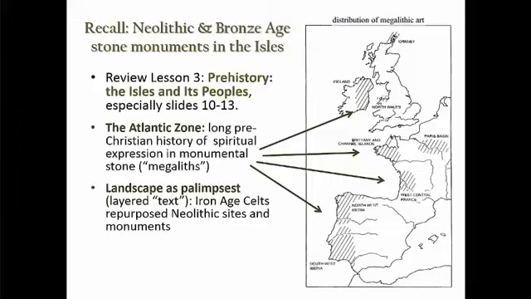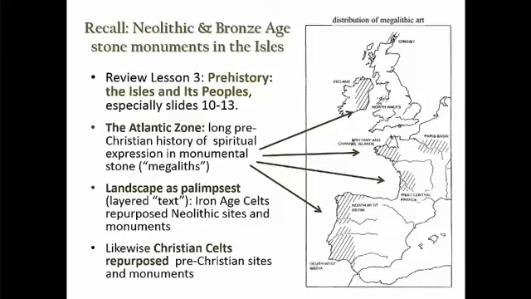Landscape was seen during this time period as being layered, meaning that Iron Age Celts repurposed Neolithic sites and monuments. Likewise, Celtic Christians repurposed pre-Christian sites and monuments. As such, many of the standing stones used in Celtic Christianity would have originated from these earlier cultures.